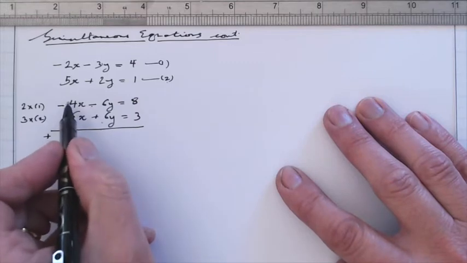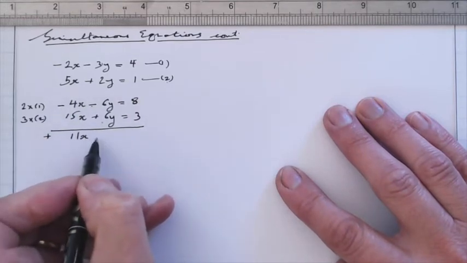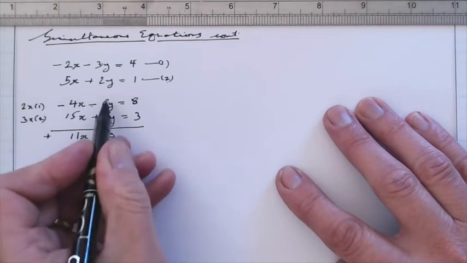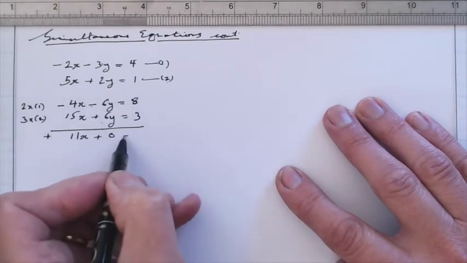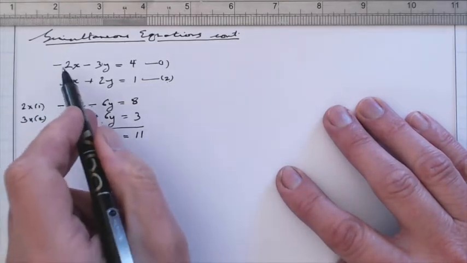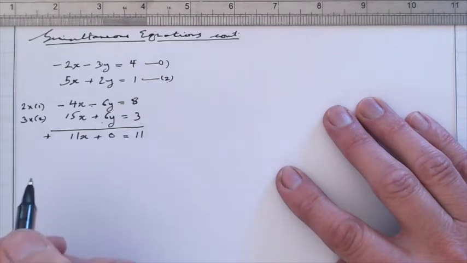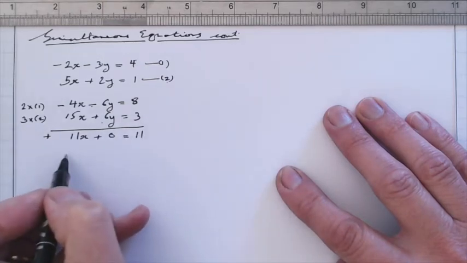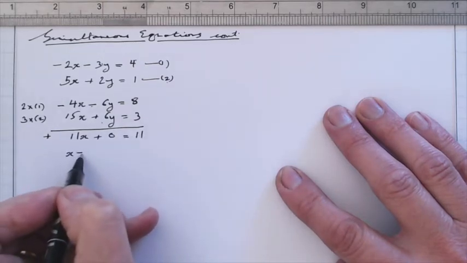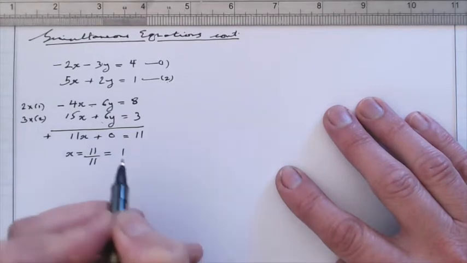So 15x added to negative 4x will give us 11x. These two terms add to 0 by construction, and then 8 plus 3 is equal to 11. I've chosen the coefficients so that this comes out nicely. So 11x equals 11, and so we can solve this straight away. x is equal to 11 divided by 11, which is equal to 1.